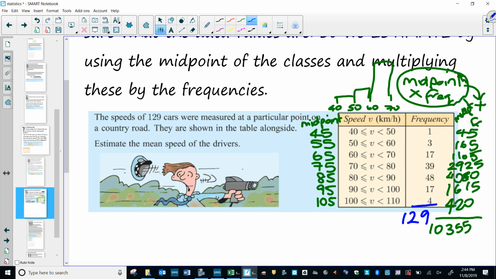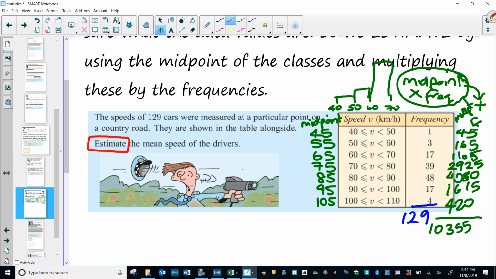Now, this is something that's super important. The question, when it comes to a table like this, we'll always have this word here. Okay?